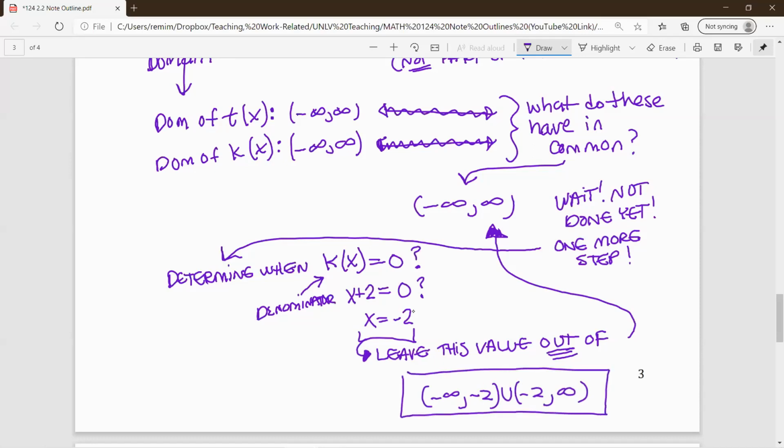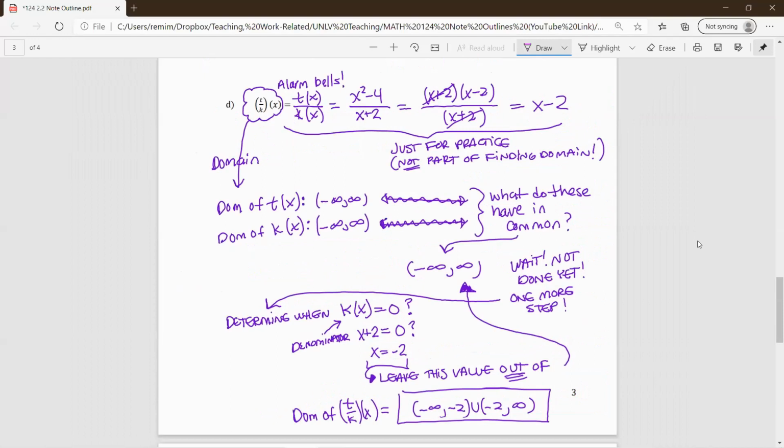That's going to be our final answer for our domain of t over k of x. So this last part here that we just did, part D, make sure that you are doing that one extra step if you have the denominator situation going on.